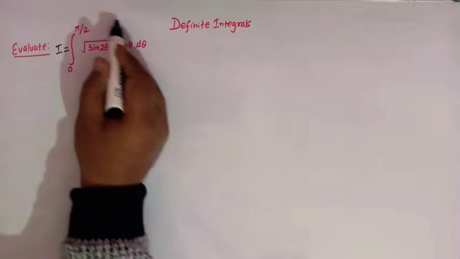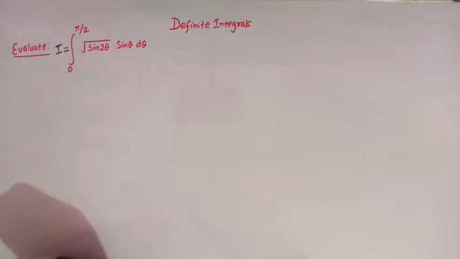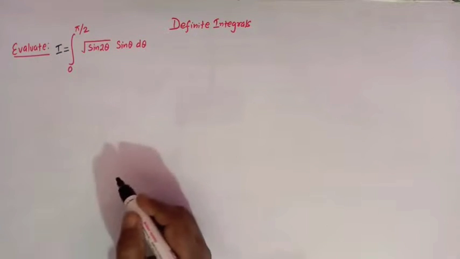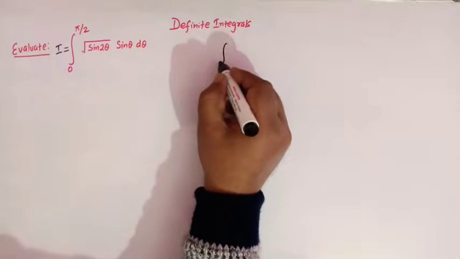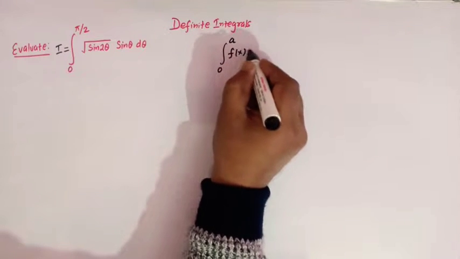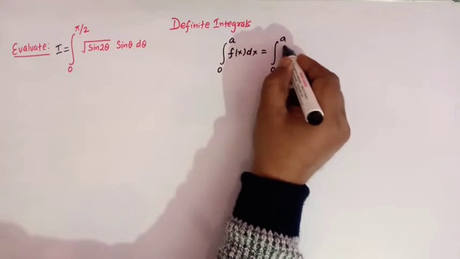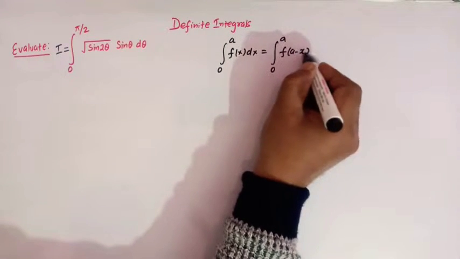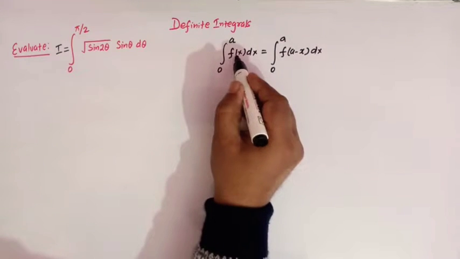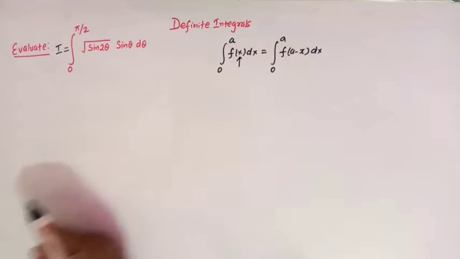Now here we will use an important property of definite integrals, and the property is integral from 0 to a of f of x dx is equal to integral from 0 to a of f of a minus x dx. Here we will replace this x by a minus x.